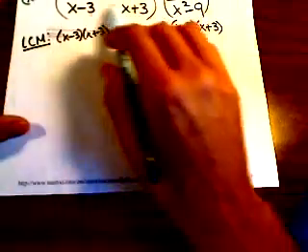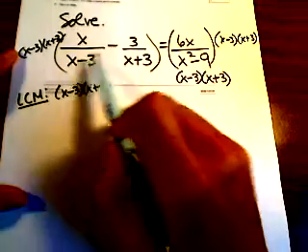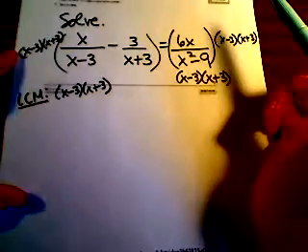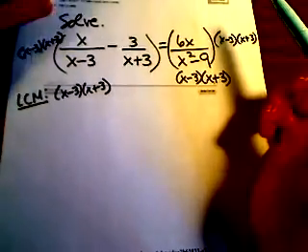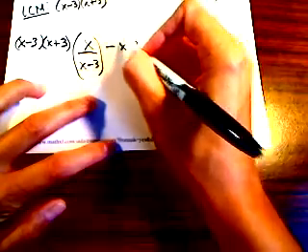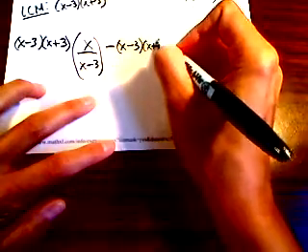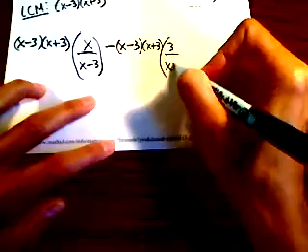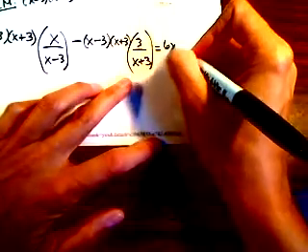Both of these terms here are getting multiplied by the x minus 3 and the x plus 3. Okay, so I'll write it out for you. So we have x minus 3 and x plus 3 times that first term, x over x minus 3, and then the same thing for the second term. The reason that I'm writing this out is that we're going to be able to show our canceling without losing anything.